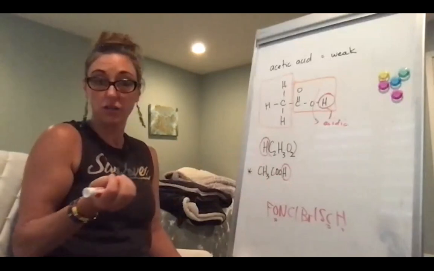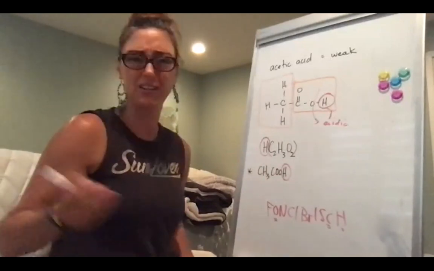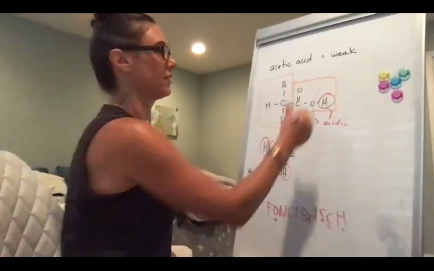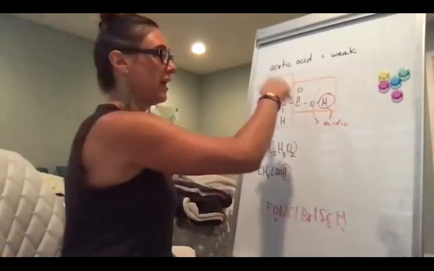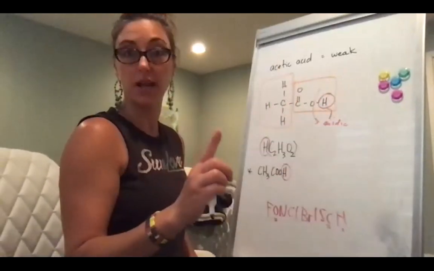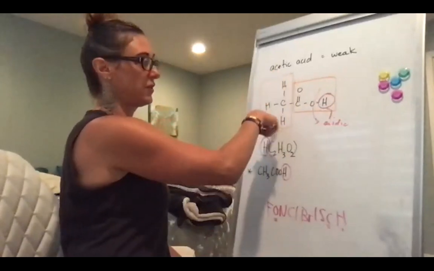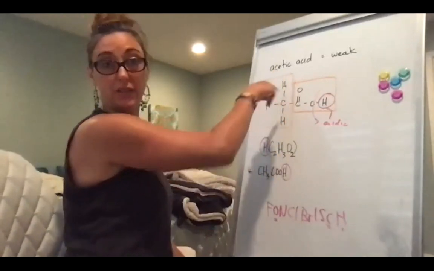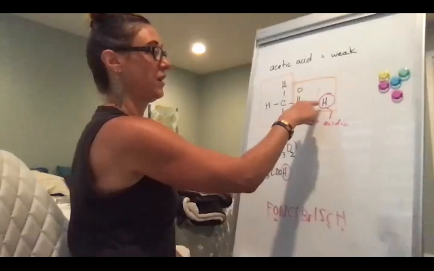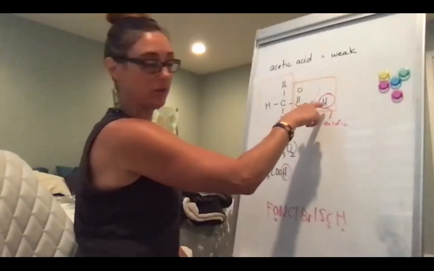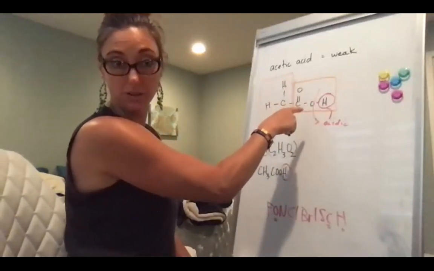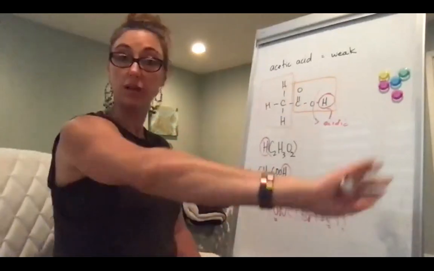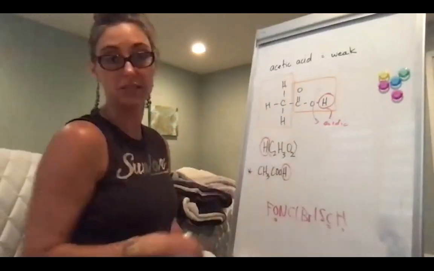And since the oxygen is hoarding the electrons, the hydrogen goes, psh, I'm out of here, oxygen. You suck at sharing, right? And so it falls off, and that's what makes it an acid. These hydrogens have no reason to leave because they're sharing really evenly. They're in great little relationships with carbon. But this hydrogen is in a relationship with a very greedy oxygen because it's so electronegative. For that reason, it falls off, and that's what makes this an acid.